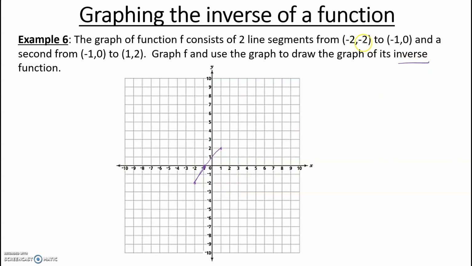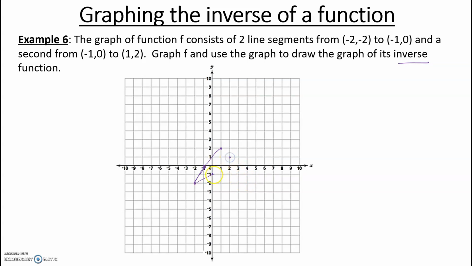Understand what's going to happen? These are going to flip-flop. So -2, -2 is still going to be -2, -2. We're still going to start there. But -1, 0 is going to be 0, -1 now. And 1, 2 is going to be 2, 1.